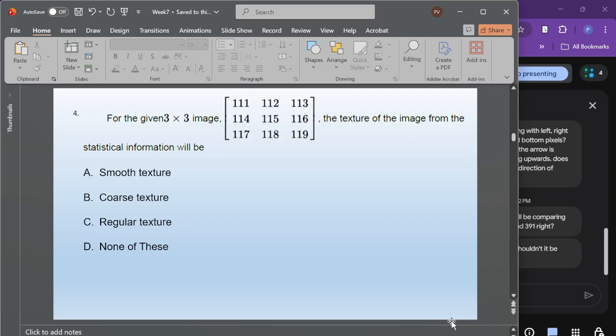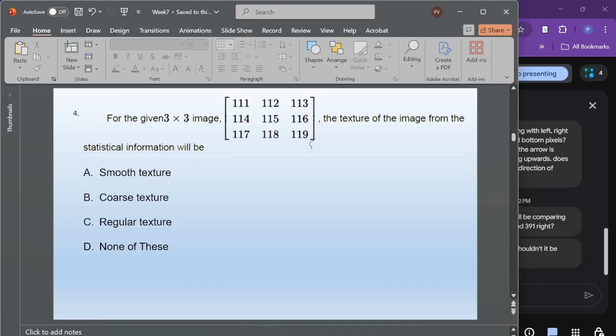So our next question is: for the given 3 cross 3 image, that is this one, the texture of the image from the statistical information will be: option A, smooth texture; option B, coarse texture; option C, regular texture; or option D, none of these. So here a 3 cross 3 image matrix is given.